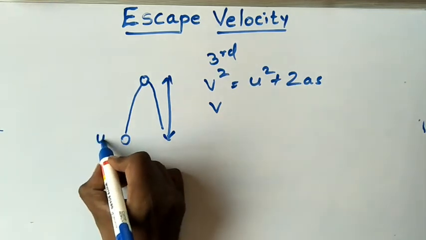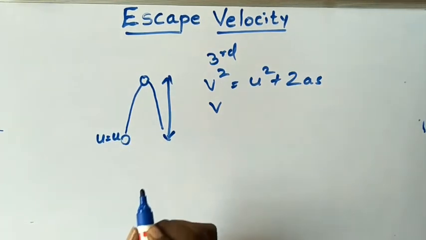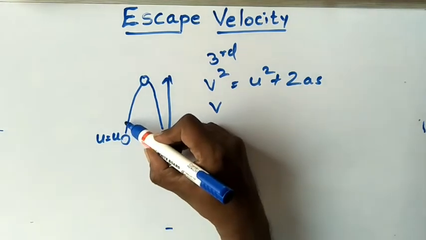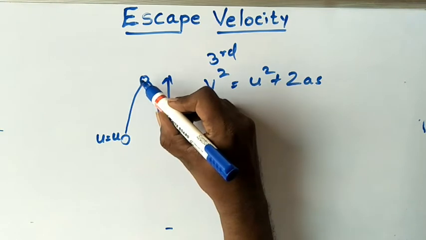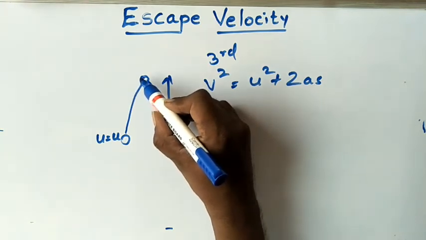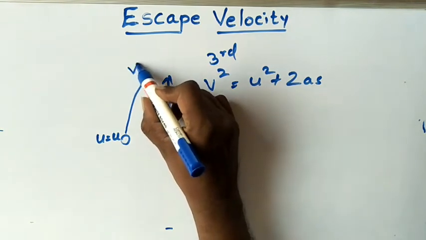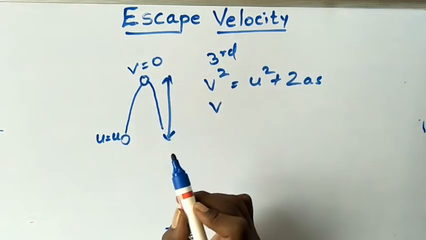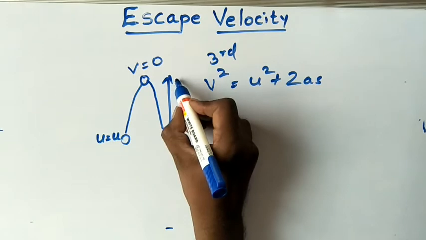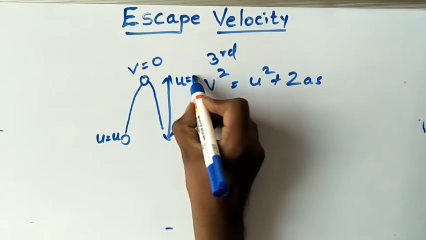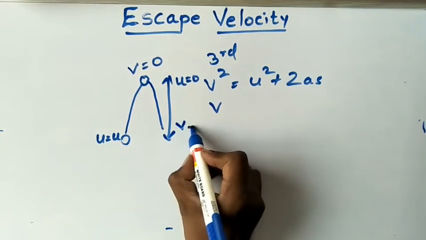So here u is not 0, u has some value. But when the ball goes up and up, slowly the speed decreases, that is the velocity decreases, and here the final velocity becomes 0. But when it comes down, again the initial velocity is 0, but the final velocity is v.